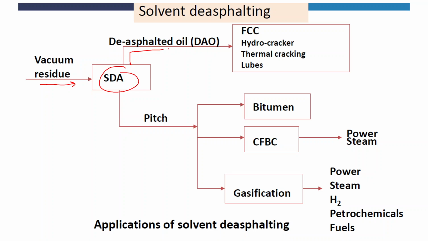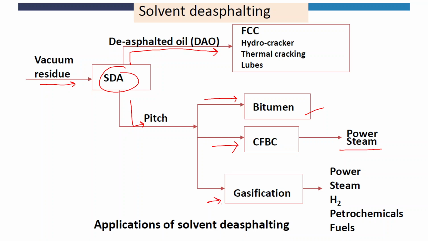We take out the de-asphalted oil from here, which is sent for further processing into FCC, hydrocracker, or thermal cracking for improvement of its qualities. And this heavier fraction, which consists of various impurities such as metals and asphaltenes, in the form of pitch, is further processed to give bitumen for the construction of roads, then to CFBC for power generation.